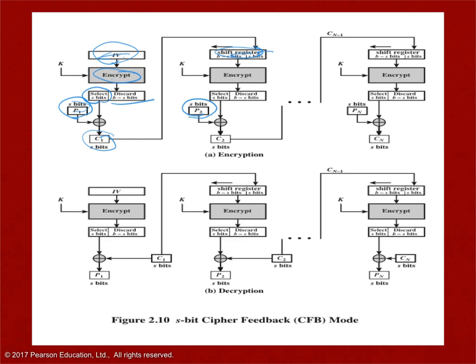In the assignment, we'll make it simple and make it half the block. The behavior and properties are highly dependent on the size of the S bits. And usually the size of the S bits has to be less than the block size. Usually it's half or 1/3 or something like this. So this is the cipher feedback mode.